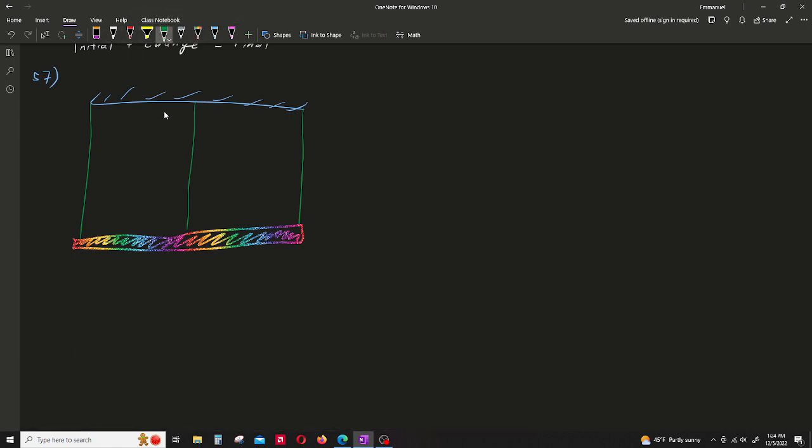Then we have steel, we've got bronze, and then we've got steel. And the height of this is 20 feet. And then the load, 2,000 pounds, sorry.